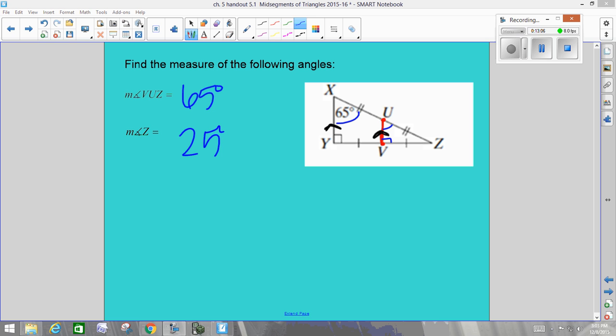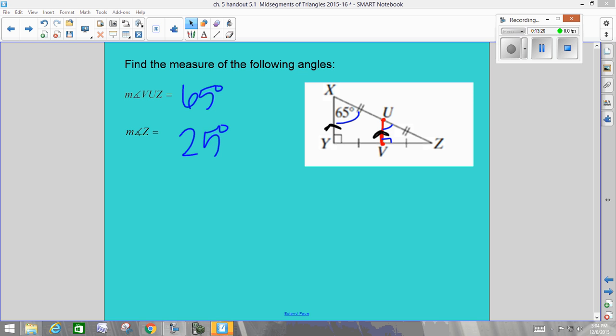Good. So what theorem are you using there? Good. Triangle sum theorem. Yep. Good job. You knew it. That all three angles add up to 180, right? Yeah. Good. Okay. Questions on the front page.